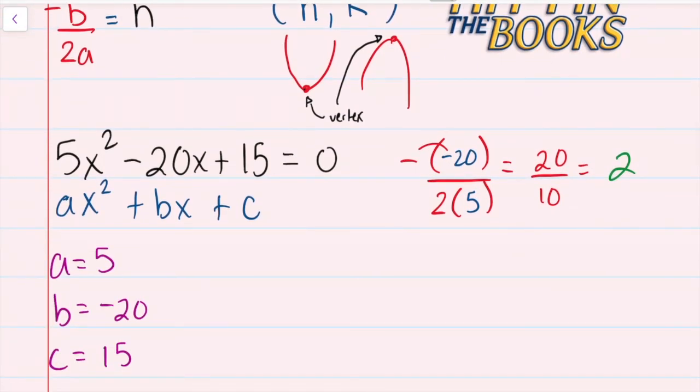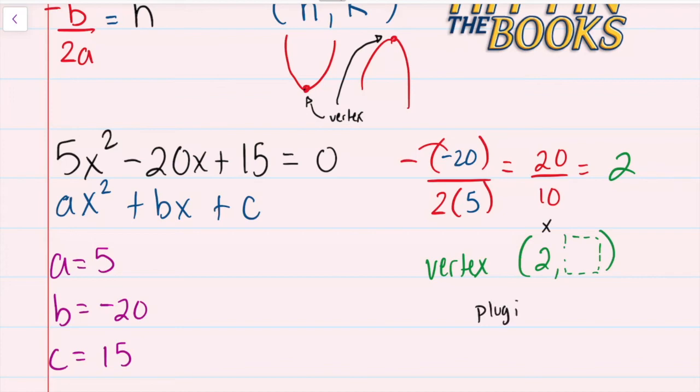So let me rewrite it. Over here, my vertex would be 2, comma, we don't know this piece yet. But guys, if you already know half your point, if you already know that's quote unquote x, how do we find the other piece? Very easy. Just plug it in.